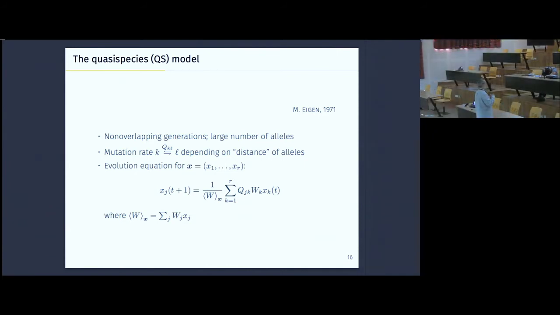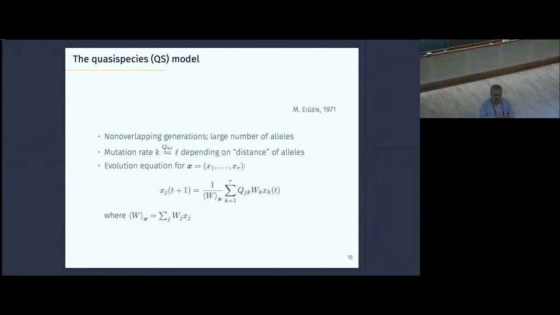So this model arose in the context of speculations on the origin of life. And the idea is that in order to have life, you have to start with some molecules which are somehow able to reproduce themselves. In order to reproduce themselves, they need to have some structure. So they need to have some sequence which satisfies some conditions.